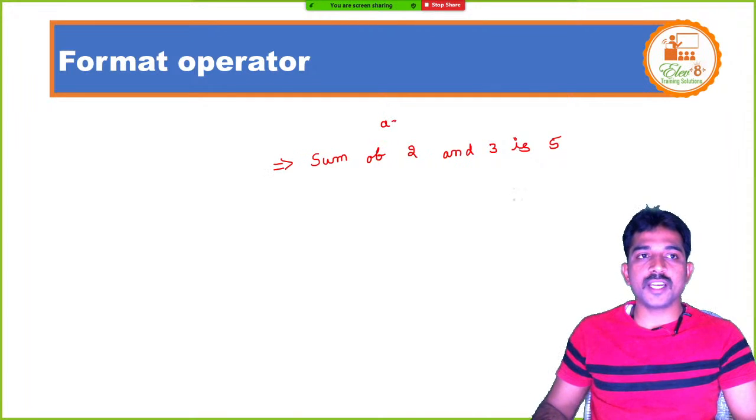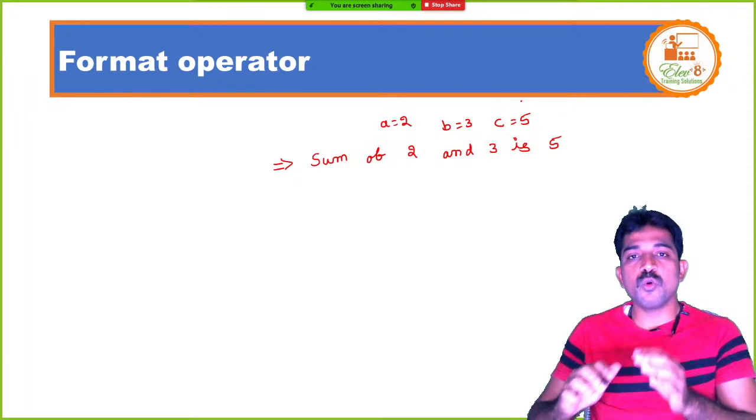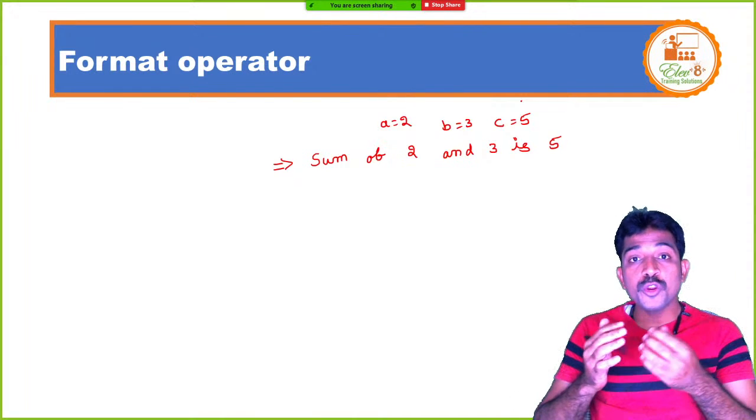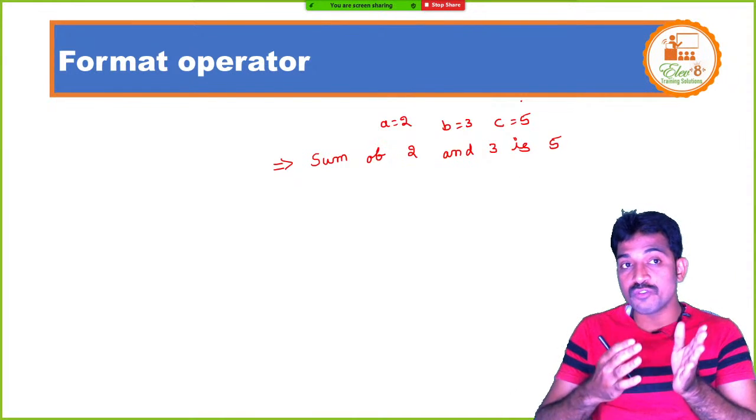so A contains 2 and B contains 3 and C contains the result, ma. If you want to print this message, how are you going to handle this kind of situation using print, ma?